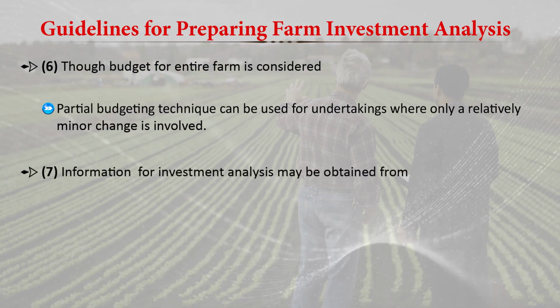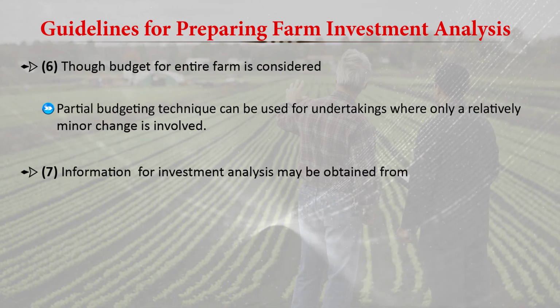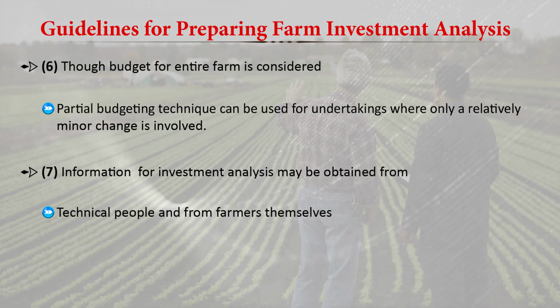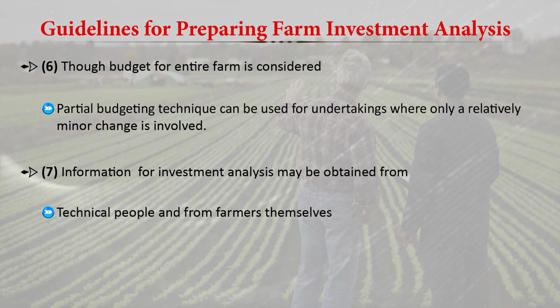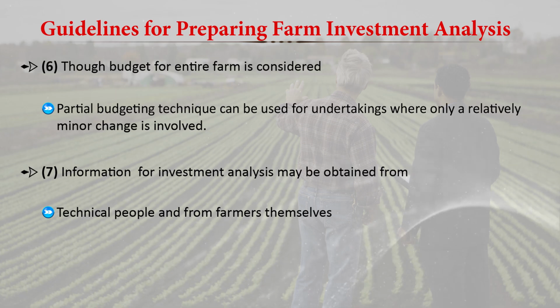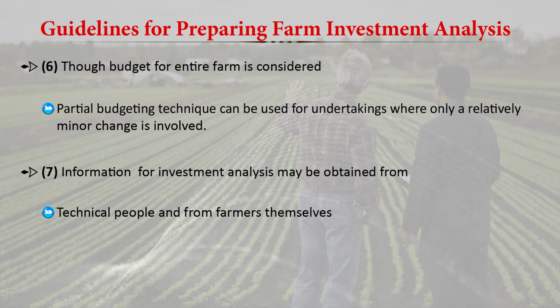Then the information for investment analysis may be obtained from the technical people or the farmers themselves. So we should have the information on the different cost streams or benefit streams from the technical people or from the farmers themselves.